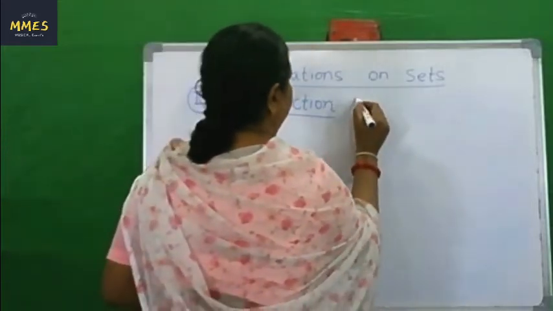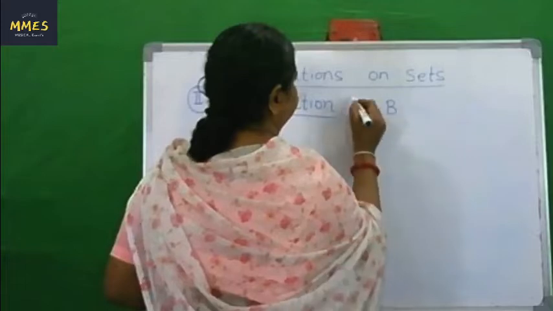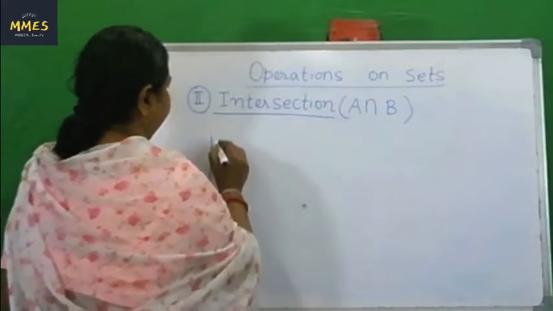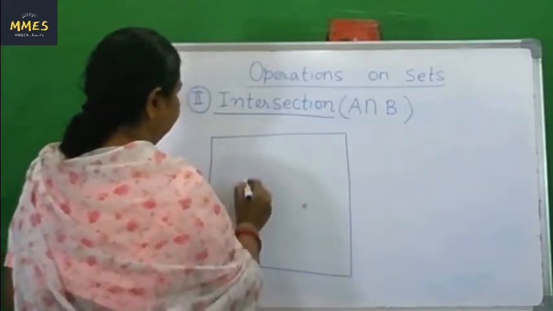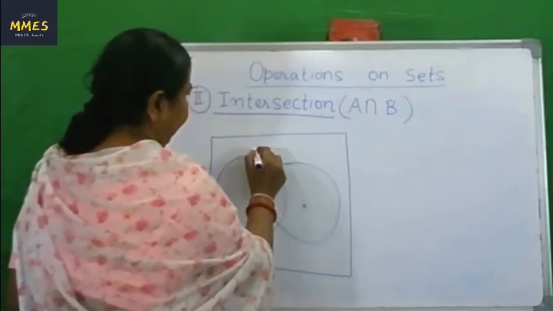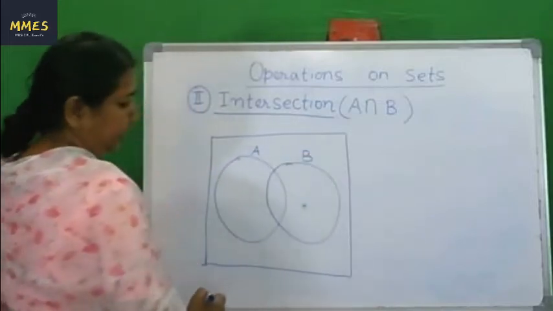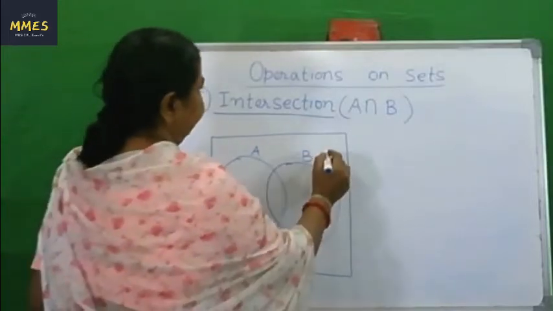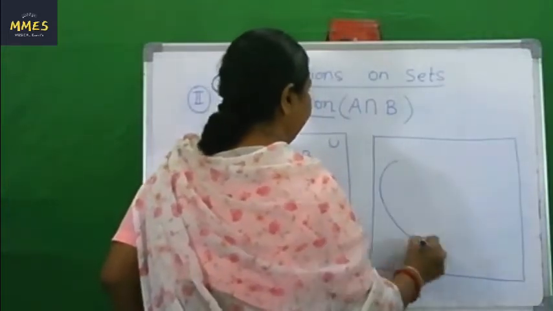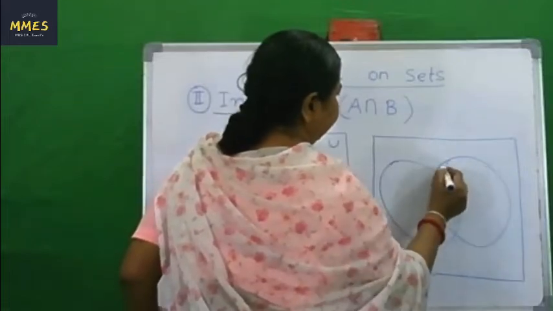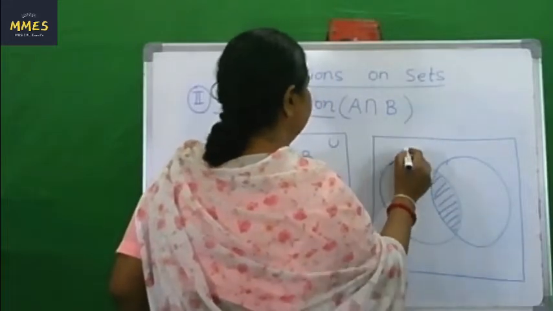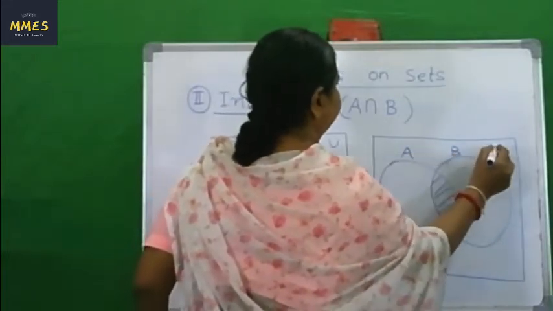This is denoted by A intersection B. Suppose there are two sets, set A and set B. Then their intersection is represented in the form of a shaded figure, which is this. So this shaded portion is A intersection B.